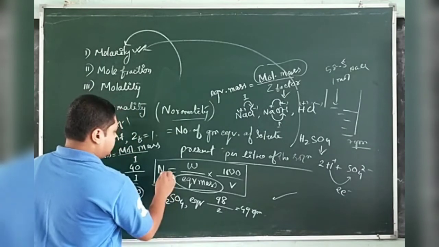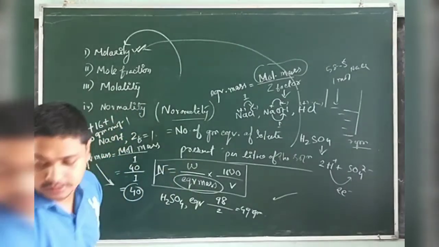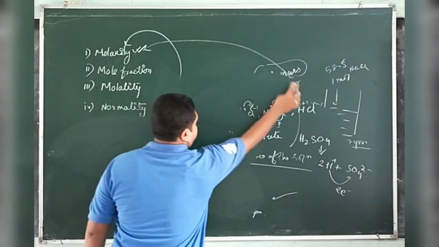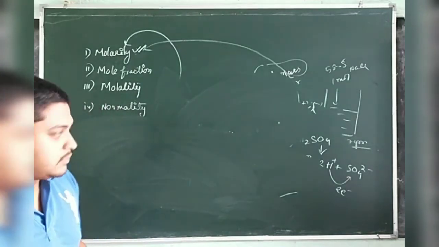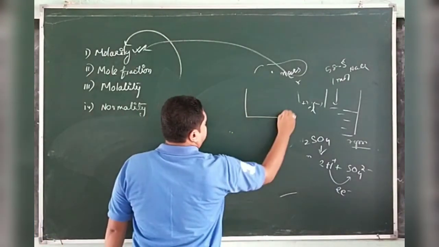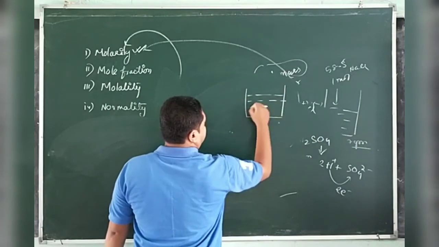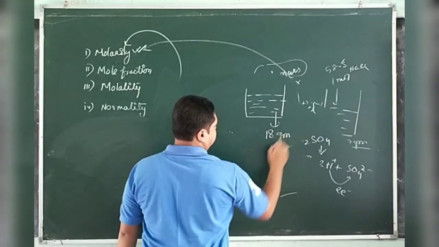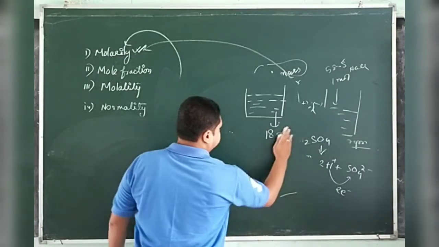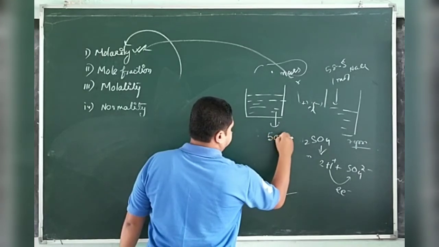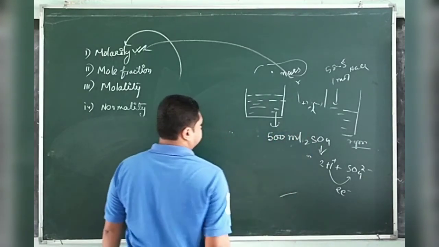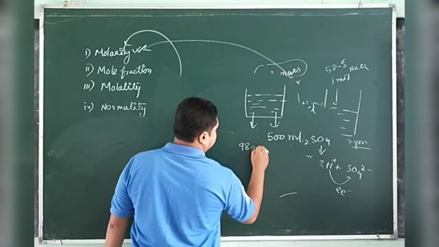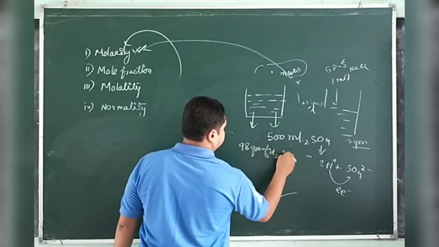And in case of normality, see one example. Suppose 500 milliliter of water dissolves 98 gram of H2SO4.